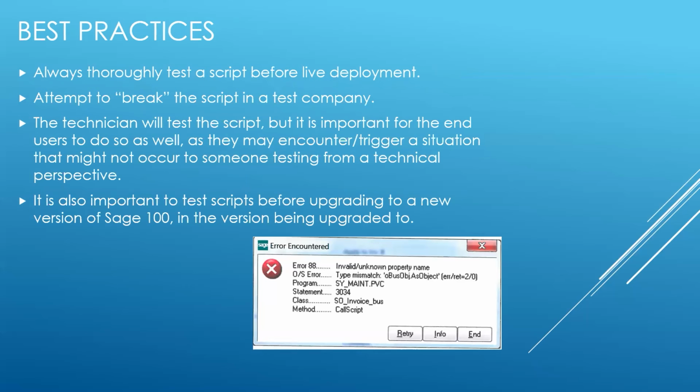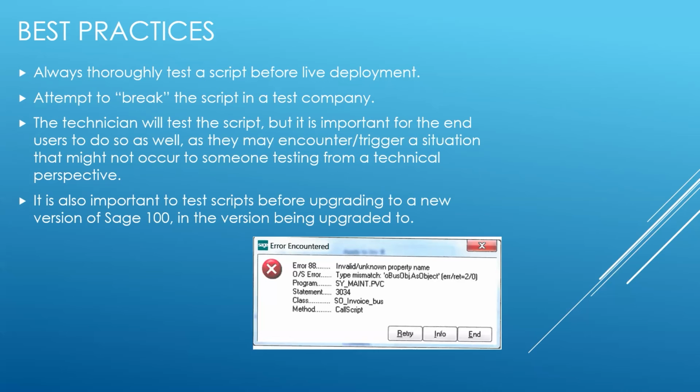So that brings me to my next point, always thoroughly testing a script before deploying it live, trying to break that script in a test environment. Of course, I or anyone designing a script for you will test the script before even bringing it to you to deploy into test, but it's always important for end users to test through scenarios as they might think of something, or they might use the software in a way that I or another technician might not, because we're not end users.